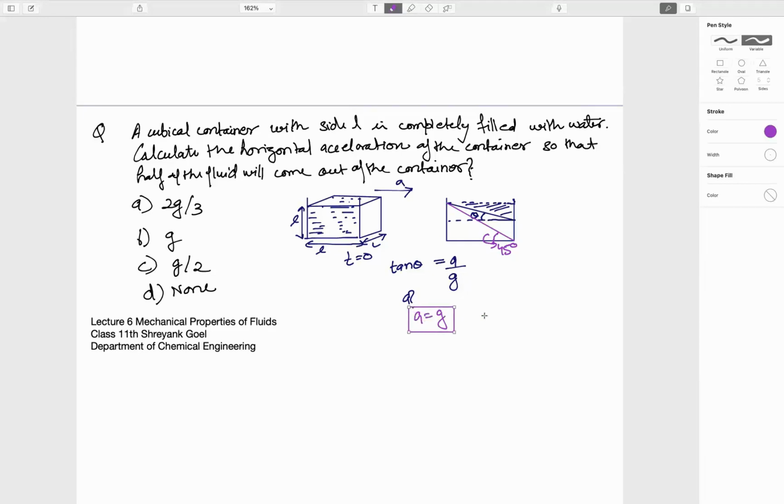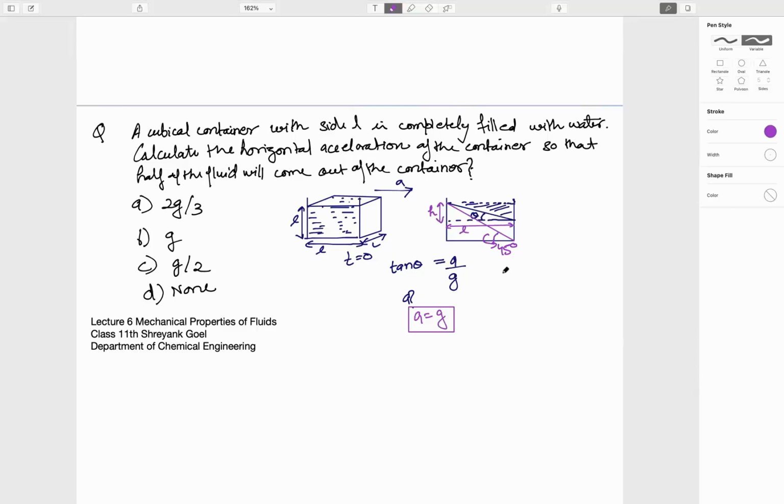If you cannot interpret it this way, that is, by simple reasoning that it comes out to 45 degrees, then what we can do is find out the volume. Let's say this is H, this is L, we know this is L, and let's say this is theta.